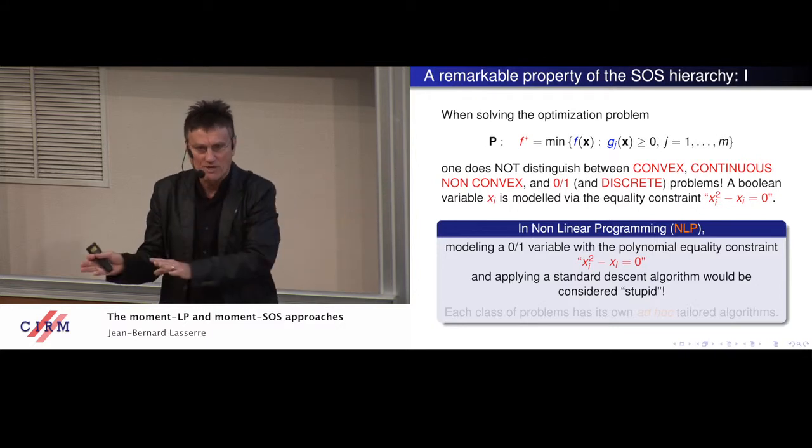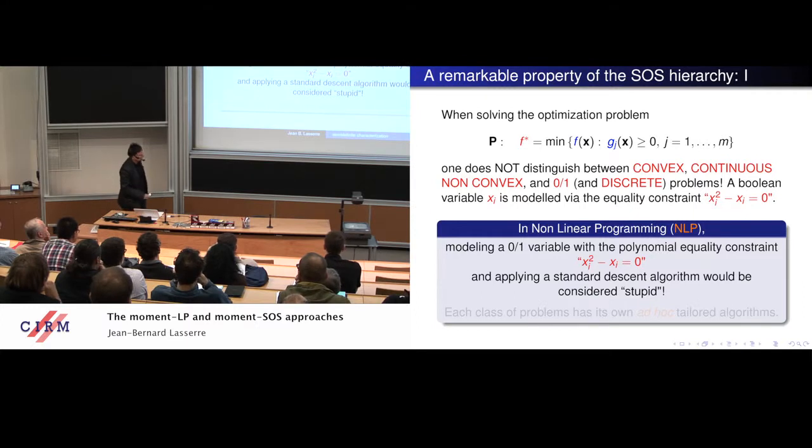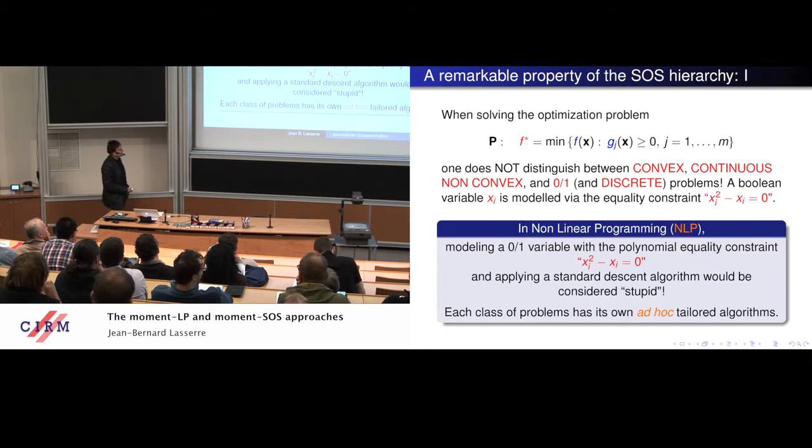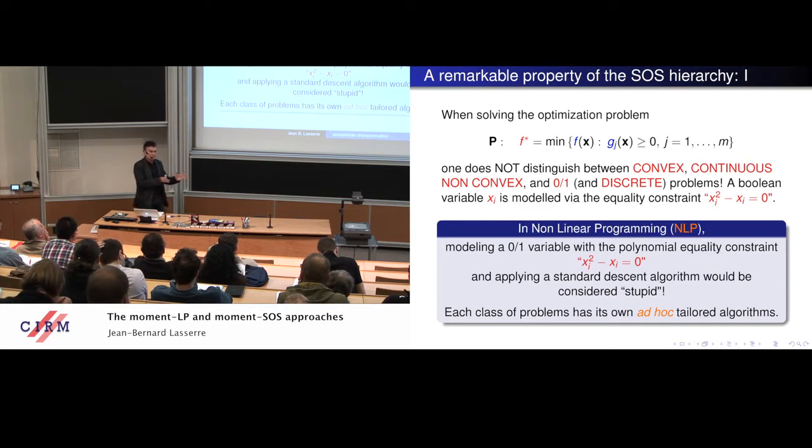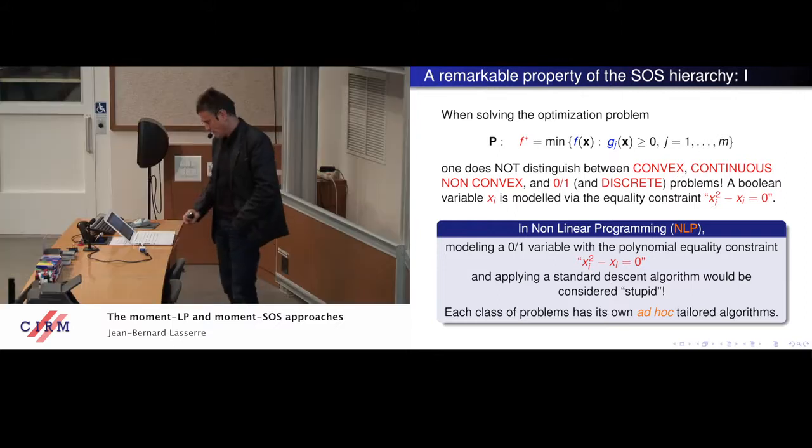Rather use these kinds of methods, right? In fact, the methodology in nonlinear programming is to have an ad hoc tailored algorithm for each class of problems. So if you have a discrete problem, you have a certain class of algorithms. If you have a convex one, you have a certain toolbox for those convex problems. If you have a continuous and non-convex problem, then you have other methods also, right?